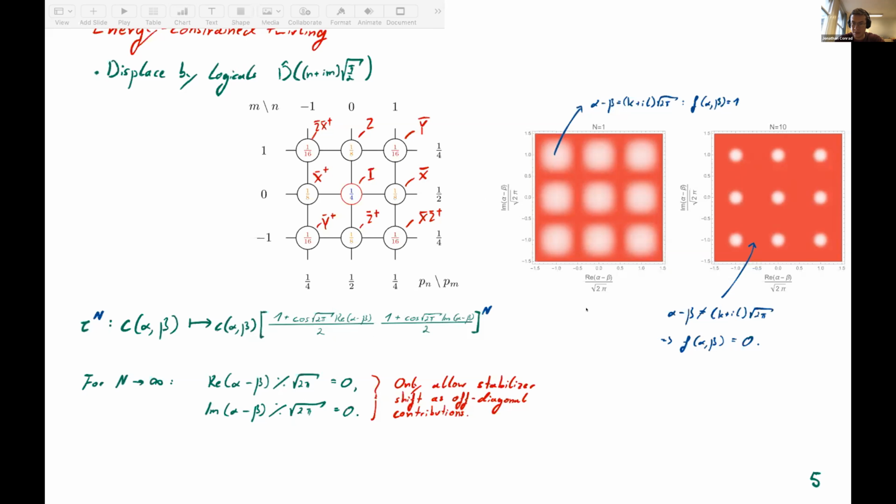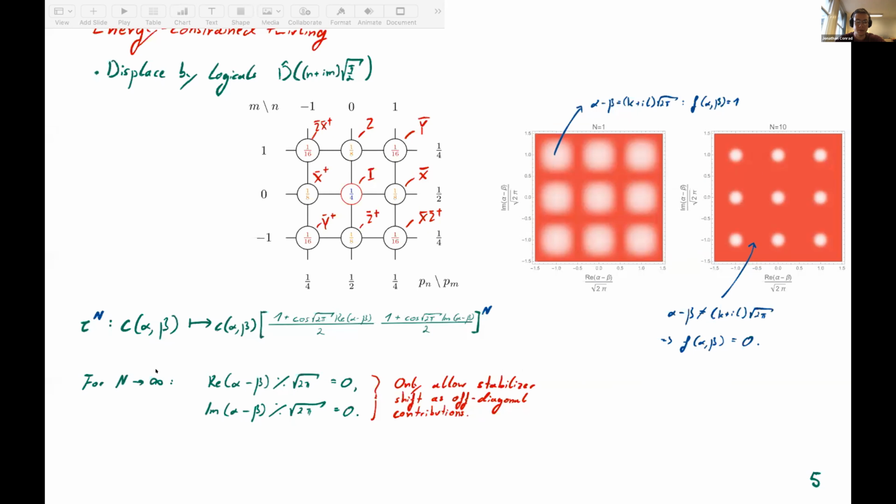Here I draw a picture of this factor. If I only apply the twirl once, all the off-diagonal elements that correspond to stabilizers will not be affected, but all the off-diagonal channel elements that don't correspond to any stabilizers will be dampened. And as I increase this twirling level, they will be damped further and further and finally projected away. So effectively, using this trick, we can obtain a channel that only allows stabilizer shifts as off-diagonal contributions.